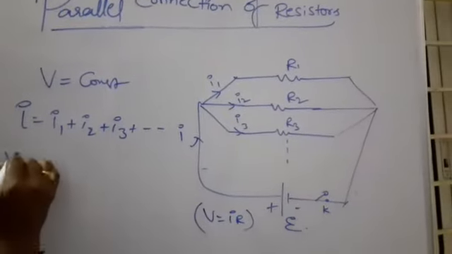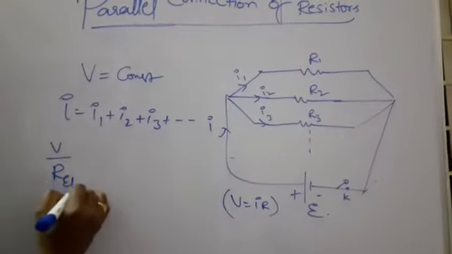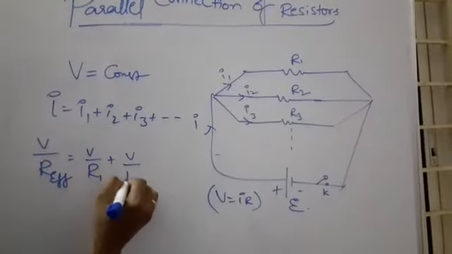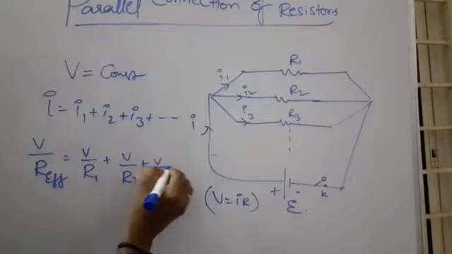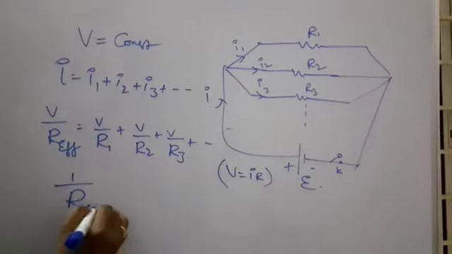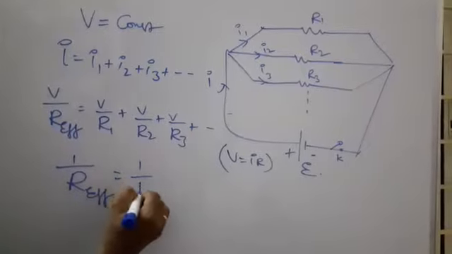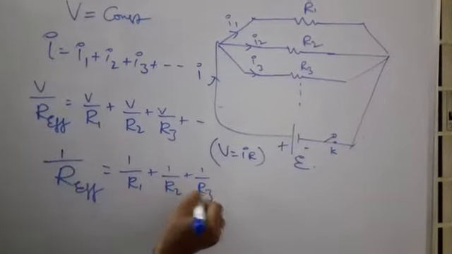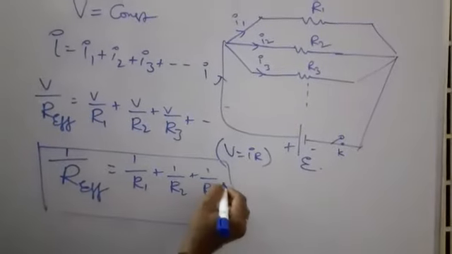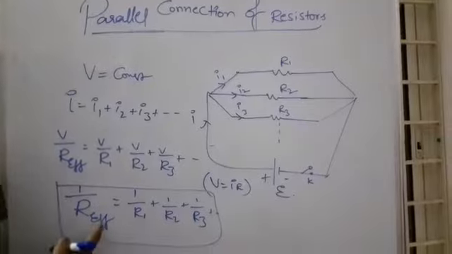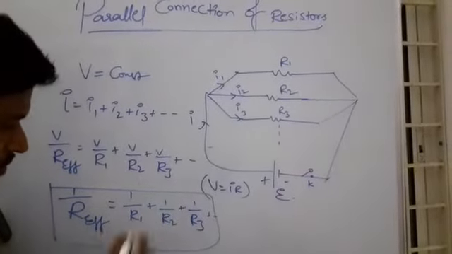From this, I is equal to V by R effective, which is V by R1 plus V by R2 plus V by R3 and so on. So 1 by R effective is equal to 1 by R1 plus 1 by R2 plus 1 by R3. This is the effective resistance formula for parallel connection of resistors.